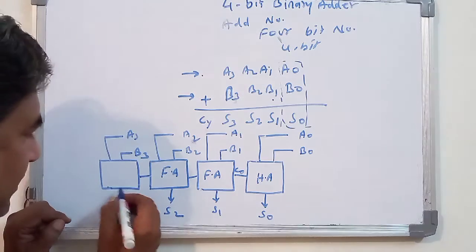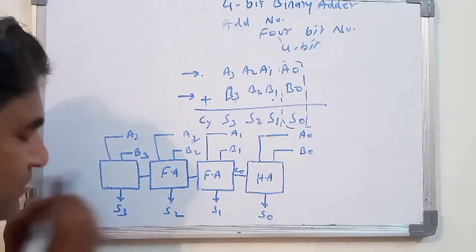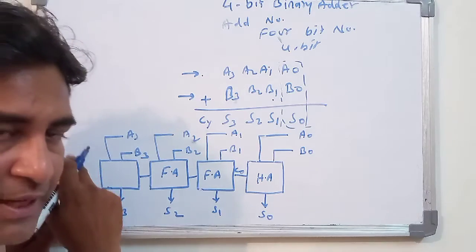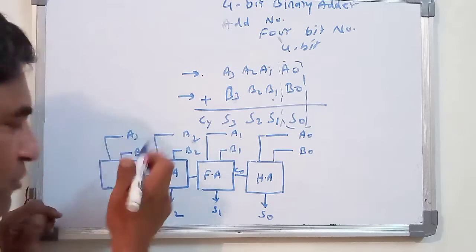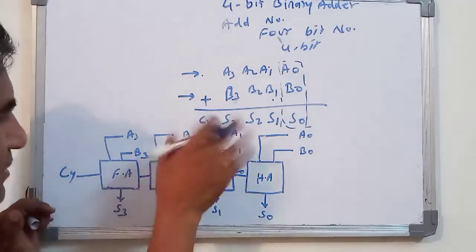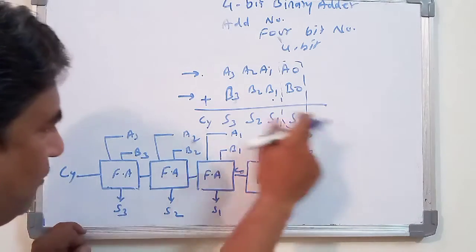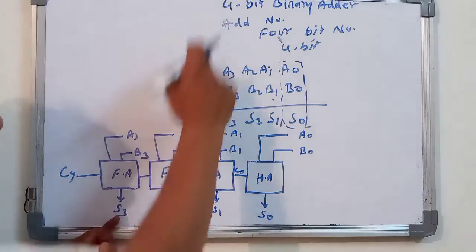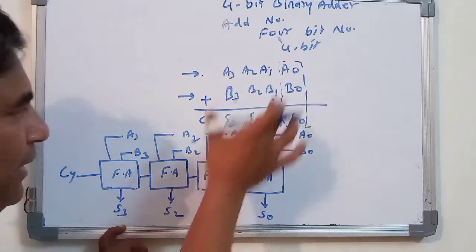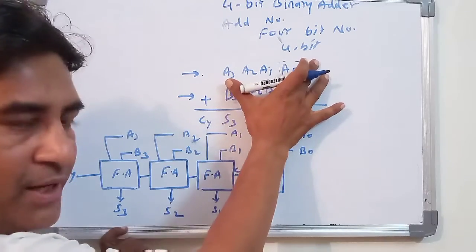The sum is generated, and that sum is S3, and at the last you get the carry. This carry is marked as CY. So it gives you the block diagram for the 4-bit binary adder. Okay, it is one type of example which we have taken.